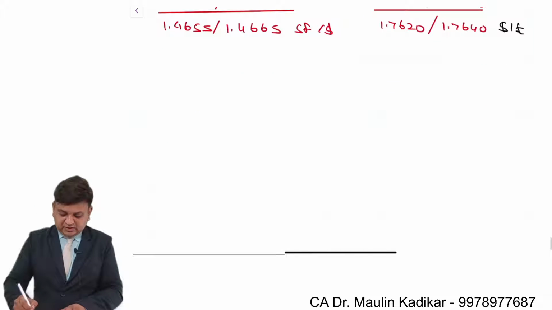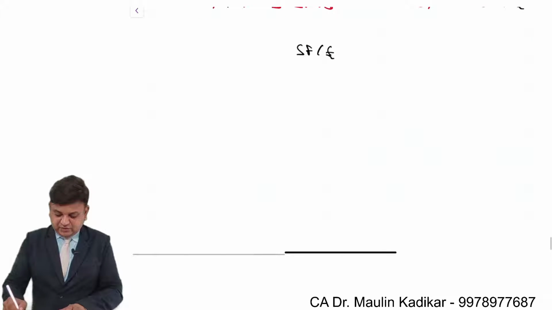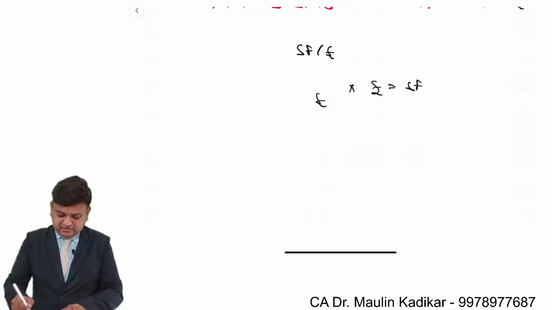Now we want Swiss franc per pound. So the final answer will be Swiss franc. Answer is required per pound. Against pound, which currency is given? Against pound, dollar currency is given. Against dollar, which currency is given?